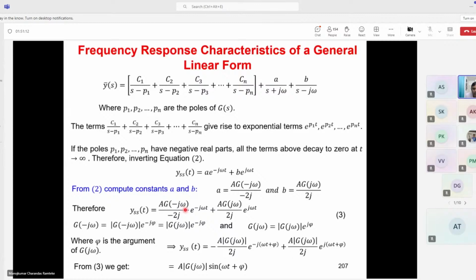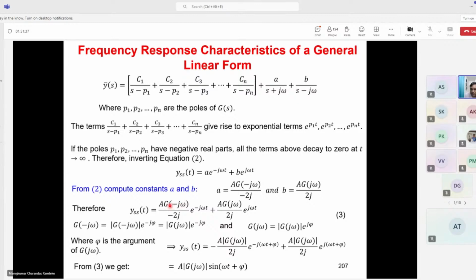So A into G of minus j omega divided by minus 2j, e raised to the power minus j omega t, plus A into G of j omega divided by 2j into e raised to the power j omega t. Again, these two terms, G of minus j omega and G of j omega. See, G of j omega is what? This is a complex number.